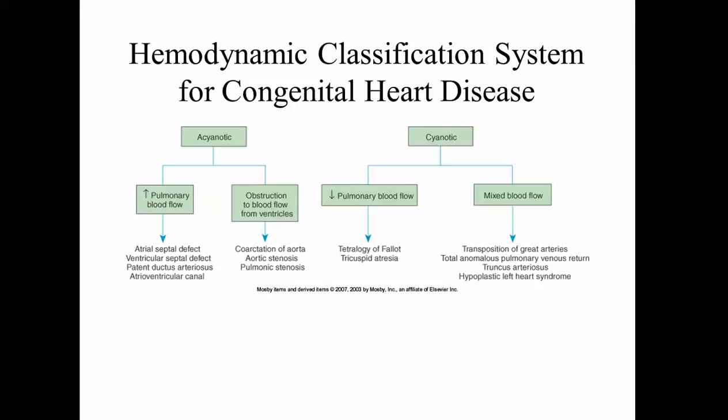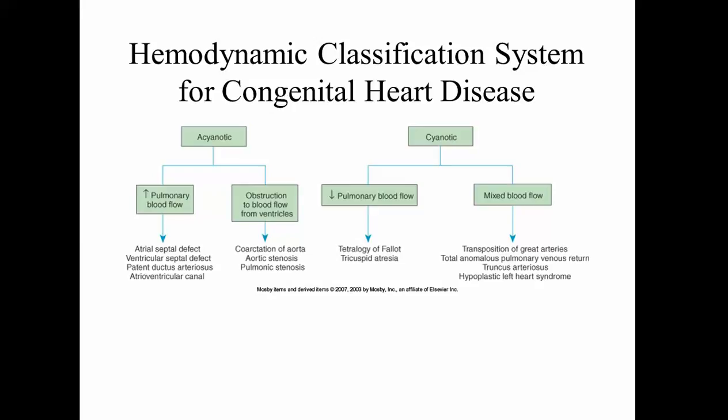In the second tier, it really pretty much describes what's happening with the defect overall. So under acyanotic defects, there are defects where there's increased pulmonary blood flow, or there are defects where there's obstruction to blood flow from the ventricles. And then under the cyanotic, there are defects where there's decreased pulmonary blood flow and mixed blood flow.